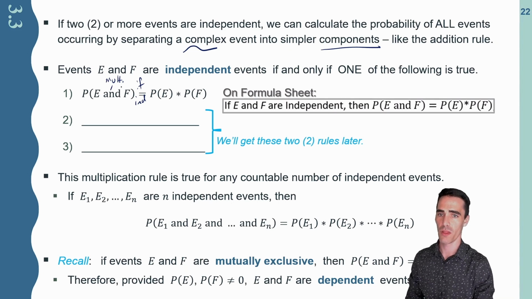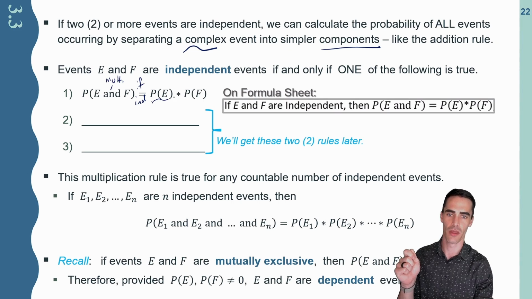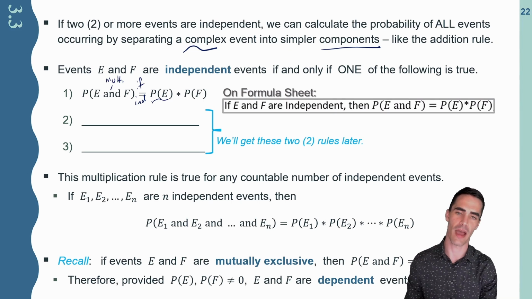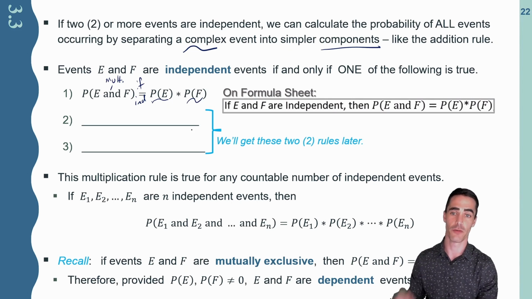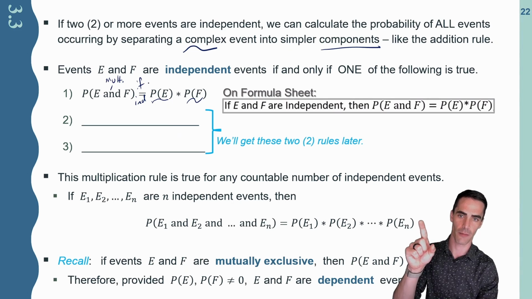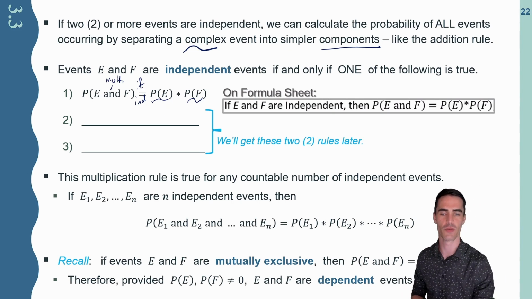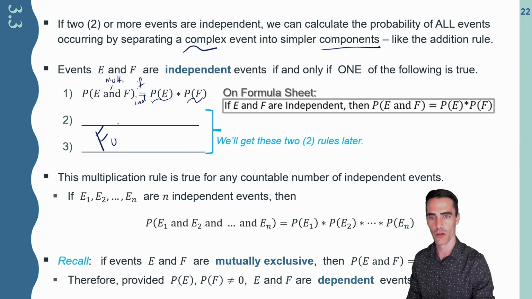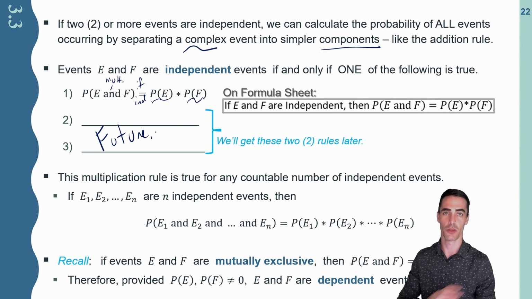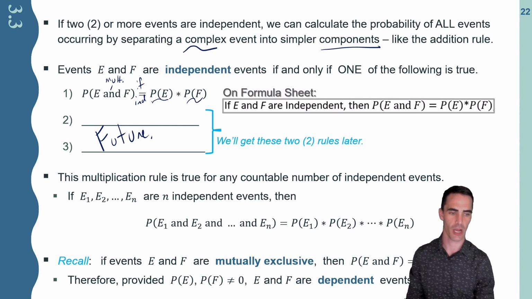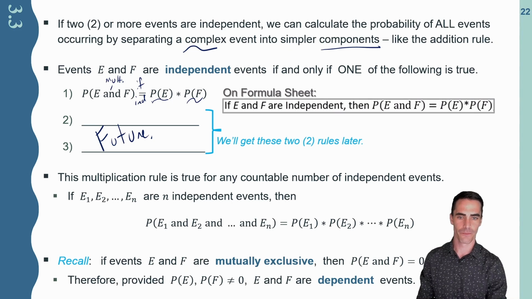Then, much like our addition rule we talked about in the past, I can separate these and look at them on their own. That's the probability of E multiplied by the probability of F, which is why you read "and," we think multiply. But again, this formula only works if those 2 events are independent, so it's important to keep that in mind. We'll get some more formulas in the future with a general multiplication rule, so we'll talk about that later.